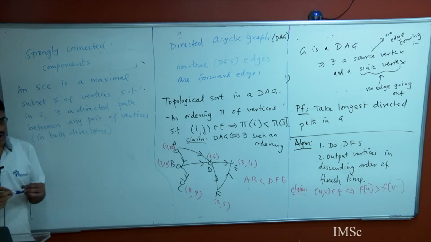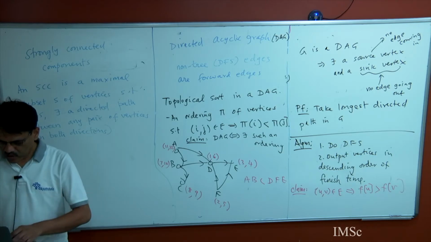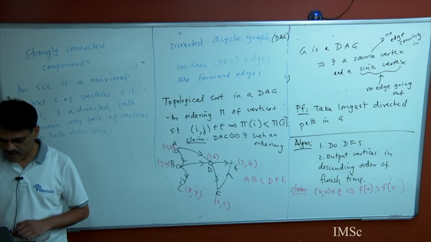Okay, so this is a stronger version of connectivity in an undirected graph, because there you are only talking about connectivity in the undirected sense.